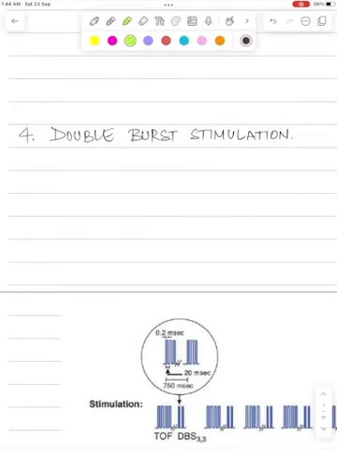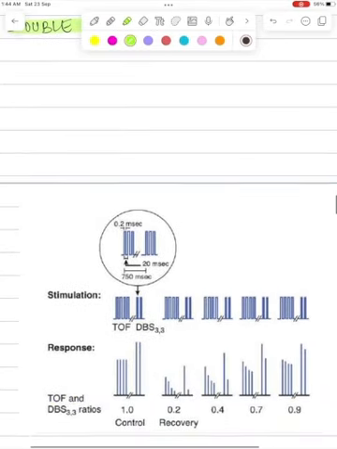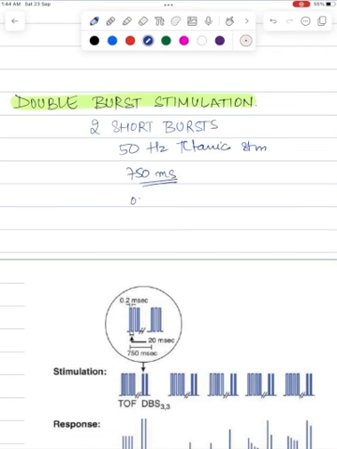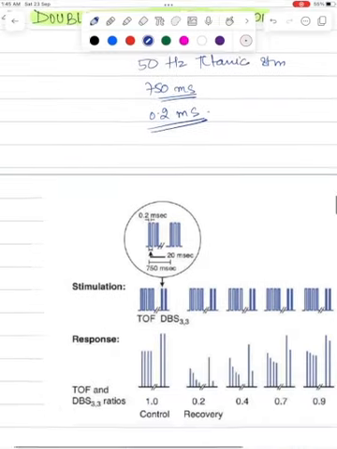So now let's move on to the double burst stimulation pattern. Now in double burst stimulation, we give 2 short bursts of 50 Hertz tetanic stimulation, which are separated by 750 milliseconds with a 0.2 millisecond duration of each impulse in the burst.